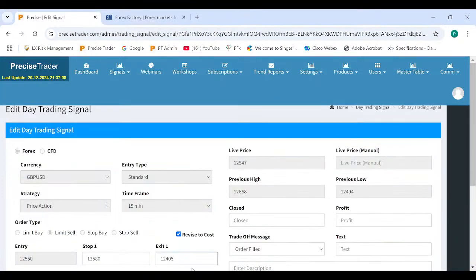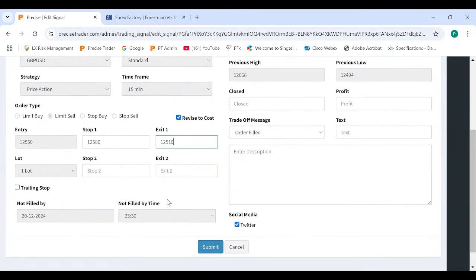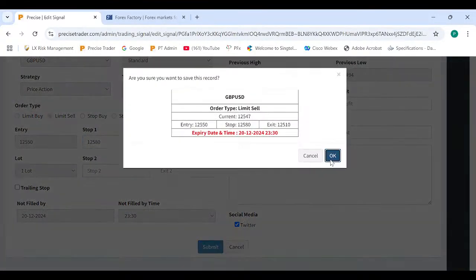This is a one lot trade we have done, and we are going to revise the price because today is Friday. We will also see where the next resistance level is. The next resistance level is 125.75. I think that should be okay.